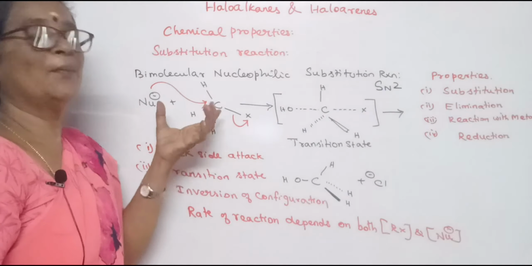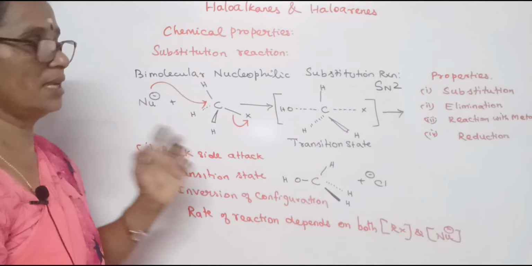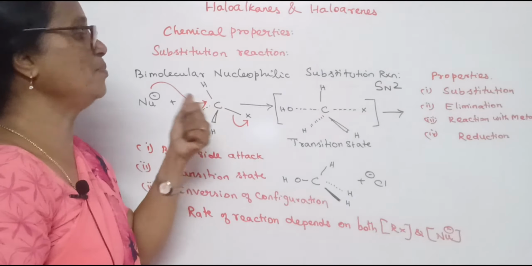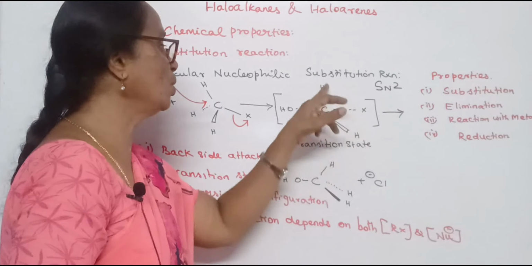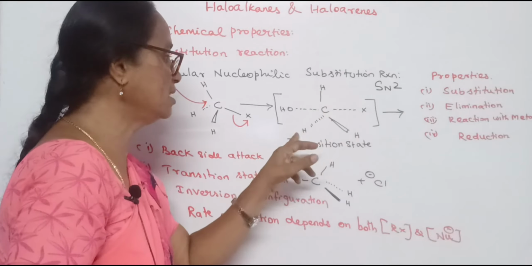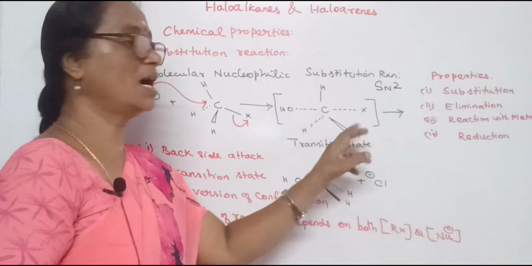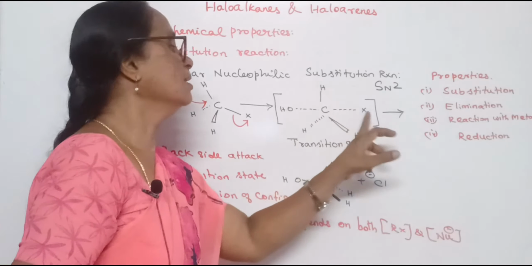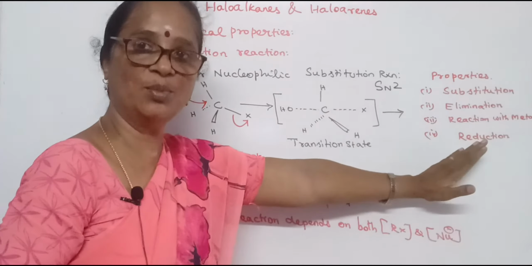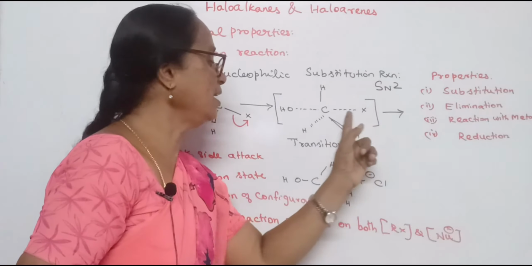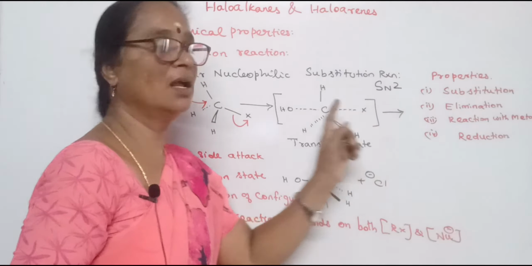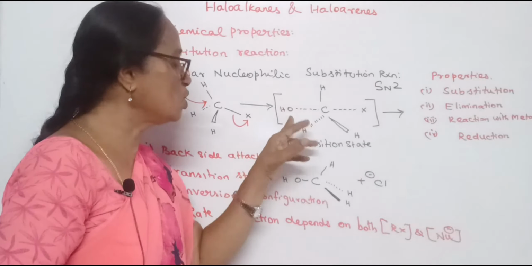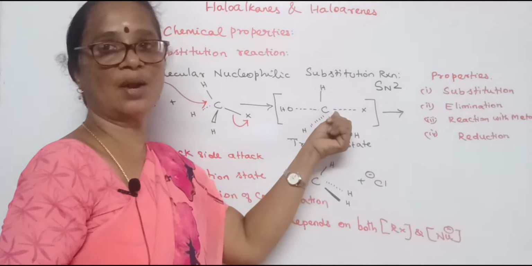Because of this backside attack, it makes a transition state in which the sp3 hybridized carbon changes into sp2. We only have to consider the CH3, because the other two groups are partially bonded with carbon. The halogen is being removed by taking away its shared pair of electrons, but the OH minus, the incoming nucleophile, tends to make the bond with the carbon atom.